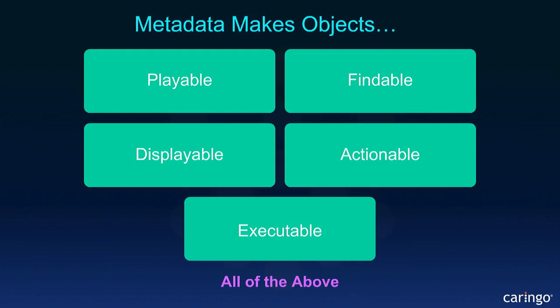A system that is bringing up tooltips or hovering, it's displayable. If you're searching on an entire class of data, say compliance-related data, it would be actionable. Or just clicking on a file, the system would know how to go get the right player to make it executable. So these are all downstream use cases, although you may not have thought of them as use cases the first time you did them.